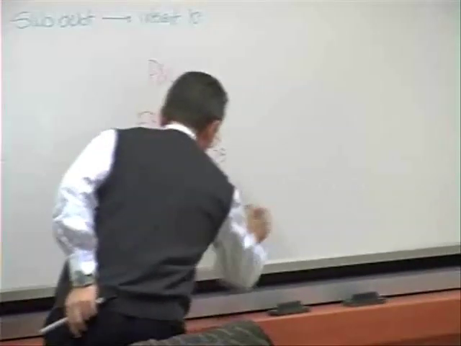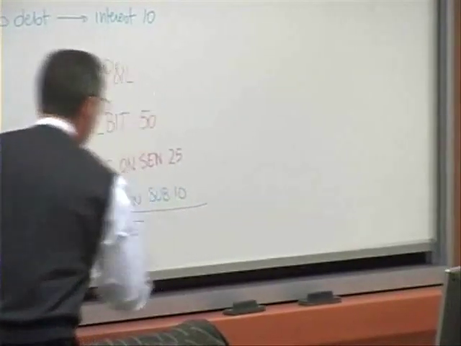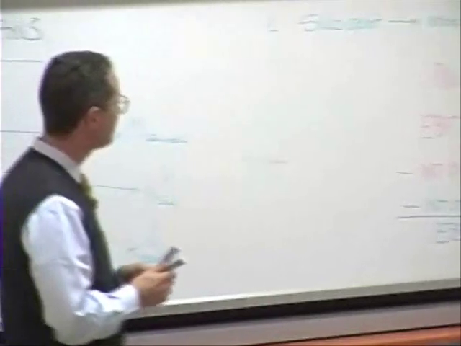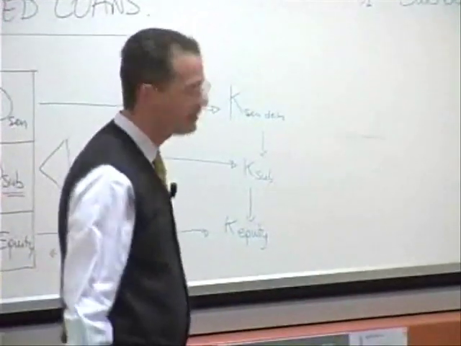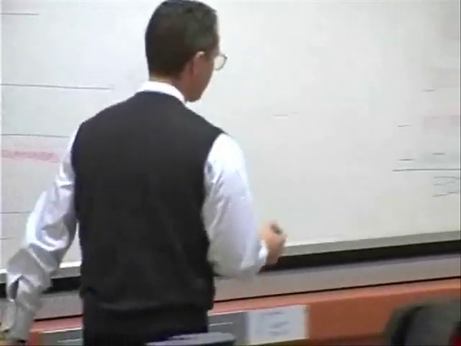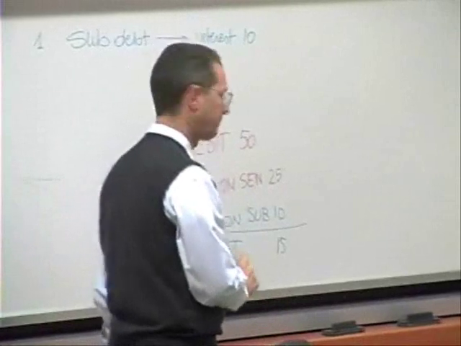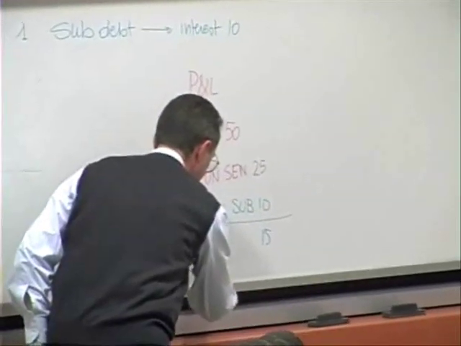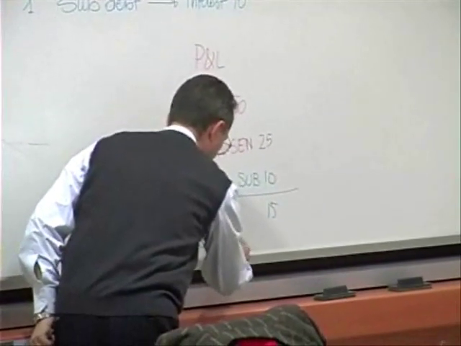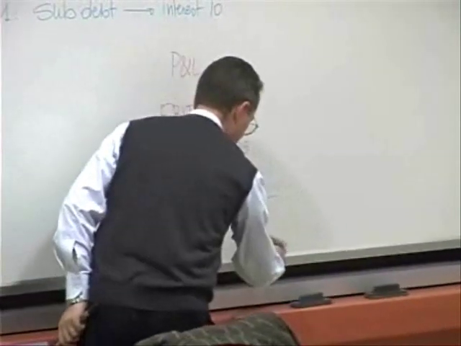How much is earning before taxes? EBT becomes 50 minus 25 minus 10, that is 35, and so it is 15. Minus taxes, 50%, it is 7.5.